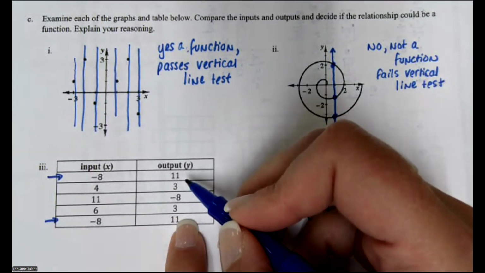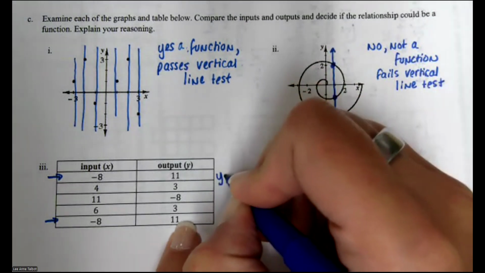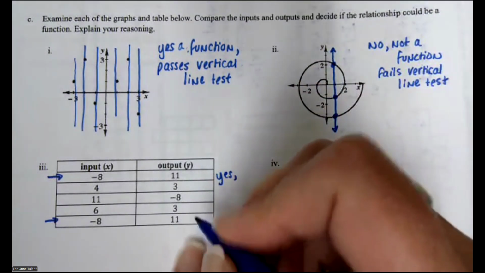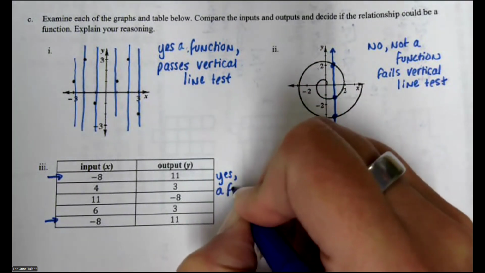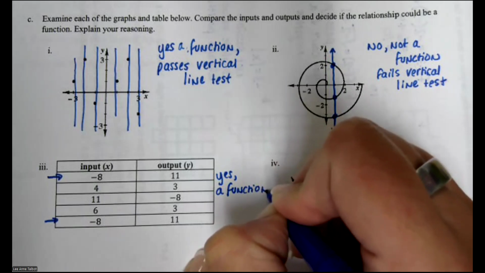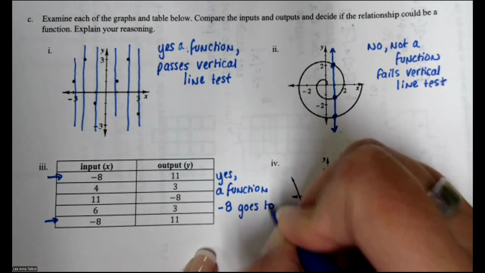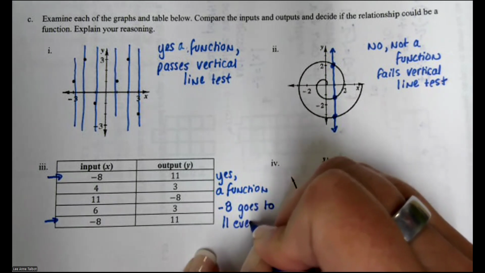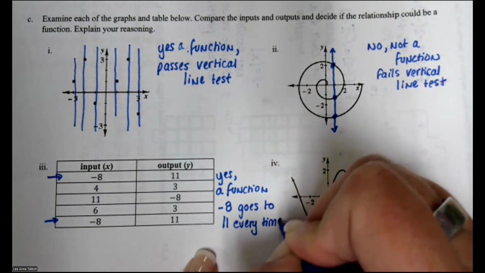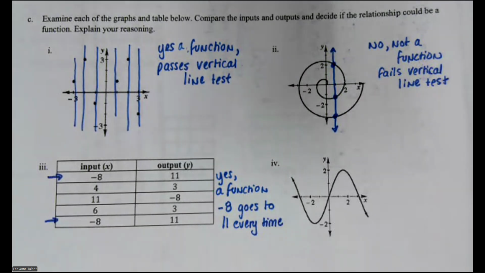However, the output is consistent. And the other ones don't repeat. I just wrote a note about negative eight seemed to be the problem child there.